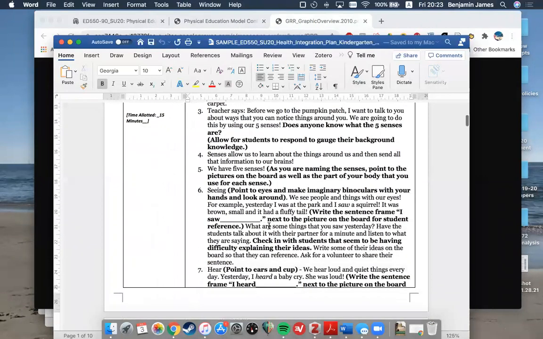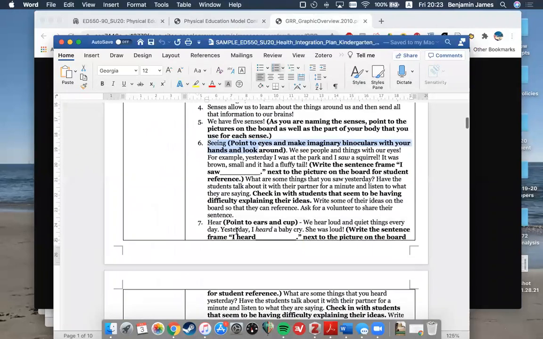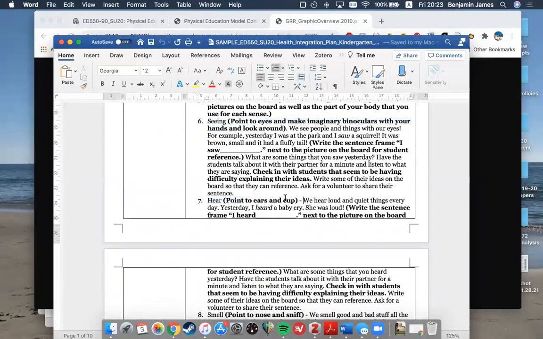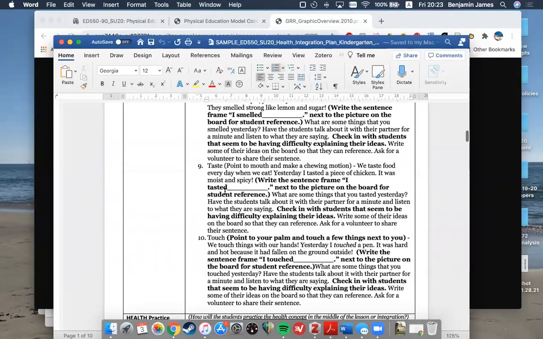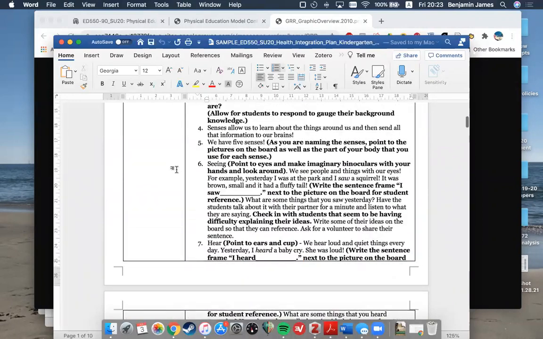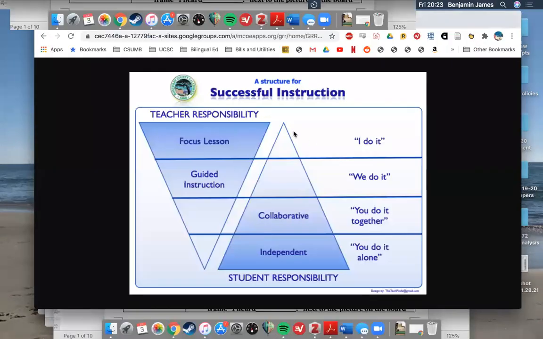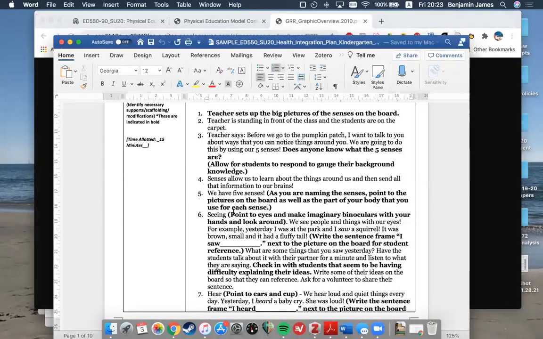And then the teacher really clearly models all the 5 senses: seeing, hearing, and this teacher did a wonderful job of really highlighting what the teacher's actions are, their dialogue. It's a very, very detailed plan. But they go through all of the 5 senses. And this introduction becomes quite long because not only are they introducing it to that discussion, but there's that guided instruction, that modeling really clearly here of the teacher showing, hey, see.